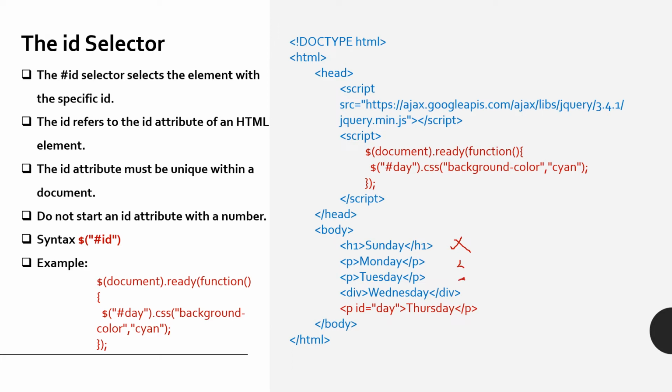Wednesday, this is again a div tag, so there is no ID specified. Only this last one, the ID named day, is affected. So only Thursday will be displayed; the background color of the Thursday paragraph will be what? Cyan. Okay, it's clear, right?